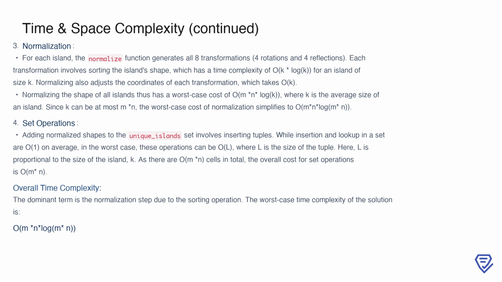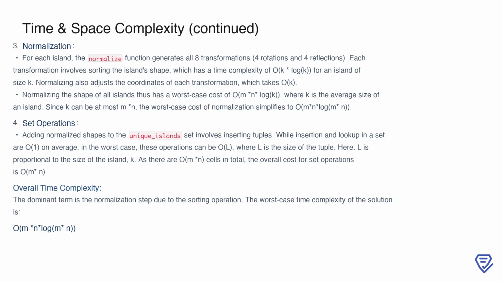Additionally, adjusting the coordinates for these transformations takes k time. When we account for all islands in the grid, the normalization step has a worst-case cost of m*n*log k, where k is the average size of an island. Since k can grow up to m*n in the worst case, this simplifies to m*n*log(m*n).